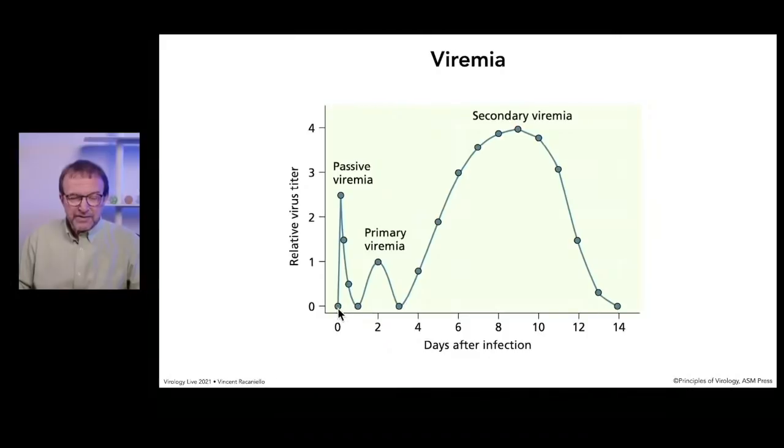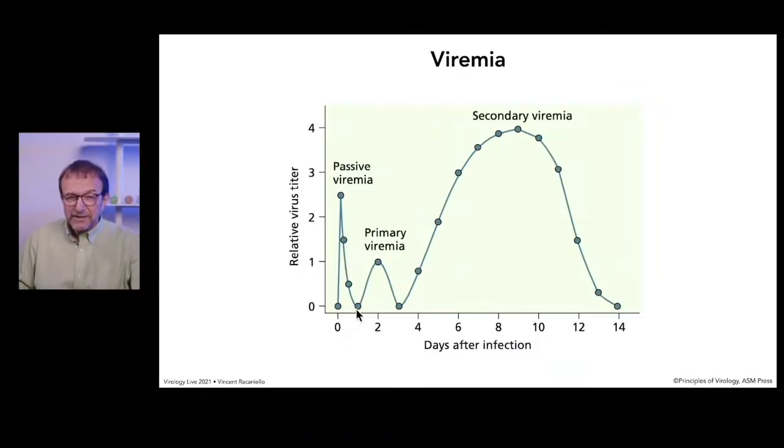So we put the virus in the blood on day 0, and if you take a time point right away, you see there's a lot of virus in the blood. Why? Because it's what you put in. It's what you inoculated. That's called passive viremia. And then after a day or so, the titer in the blood is much lower. It's largely entered various tissues. We're very good at clearing particles from the blood that goes through the liver, and it's filtered out very well.